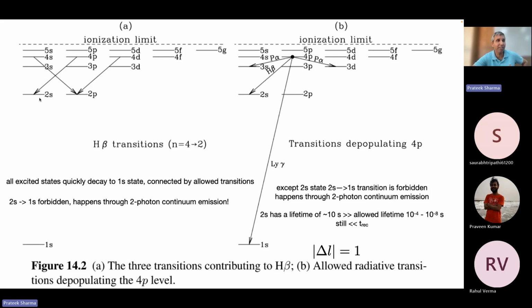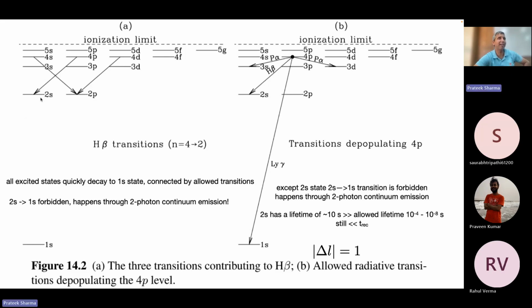So what happens in that case? Why I am telling you all this is because the end result of all these recombinations is that all these states are connected to 2s and 2p through some allowed transitions or another. Eventually, everything will radiatively recombine very quickly to the 2s and 2p states. The 2p state can very quickly go to the 1s state.